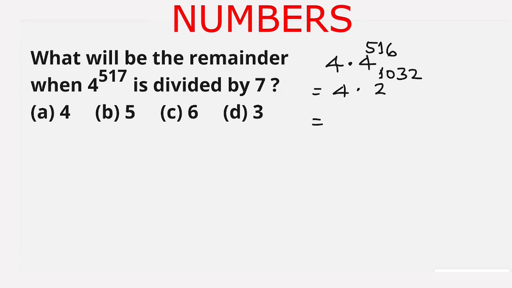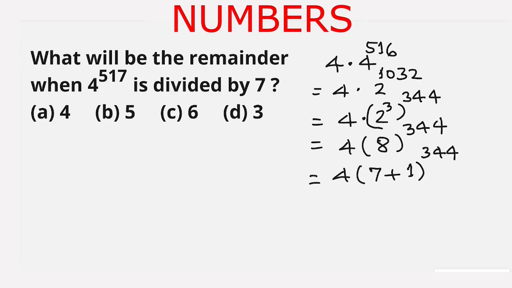This is equal to 4 into 2 to the power, we divide it by 3. So I can write it as 4 into 2 to the power 3 whole to the power 344. And this can be written as 4 multiplied by 8 to the power 344.